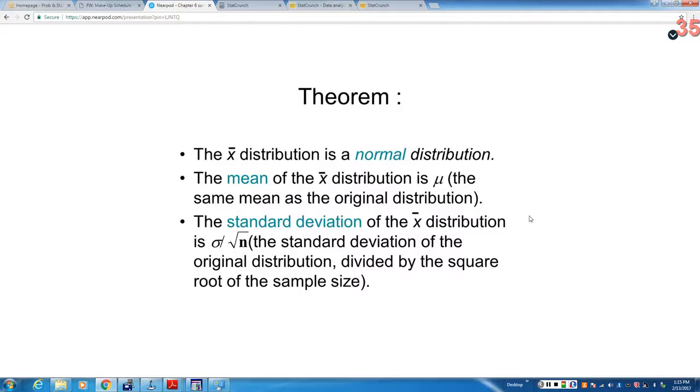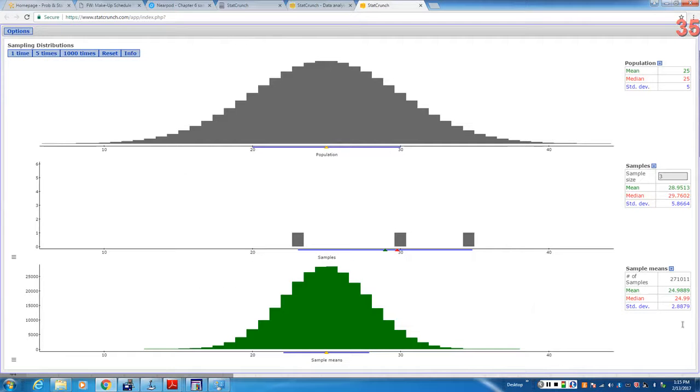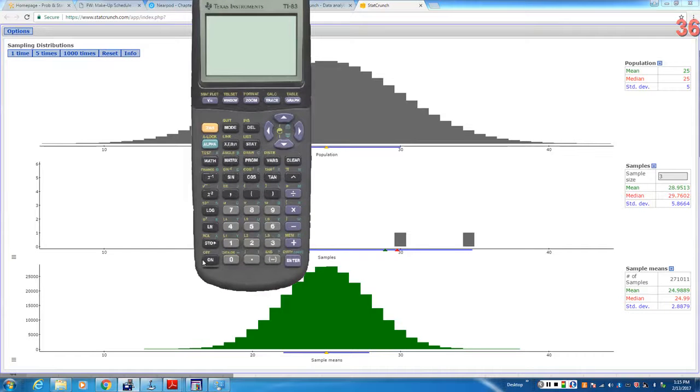The standard deviation of the x-bar distribution, sigma sub x-bar, is sigma divided by the square root of n. If you take this one, take 2.8879 and divide it by the square root of 3, because we only had 3 in each sample, right?